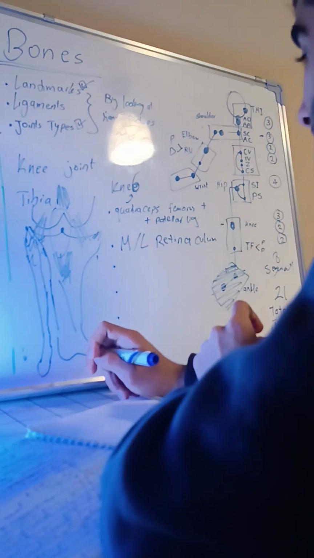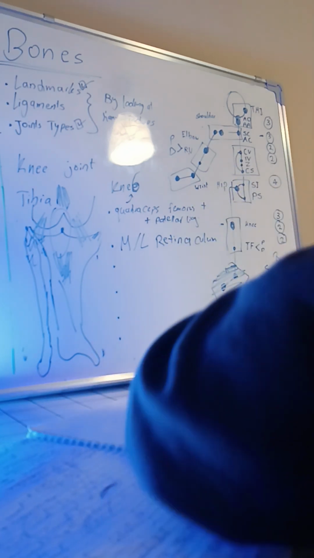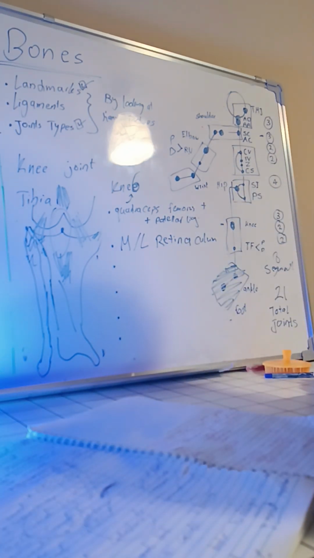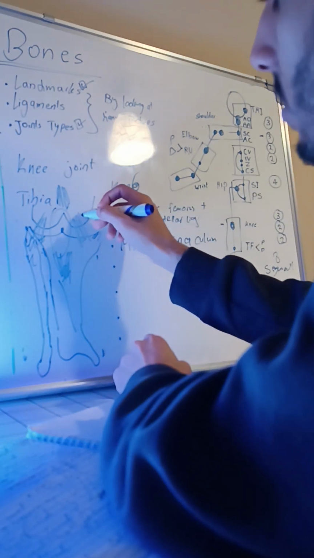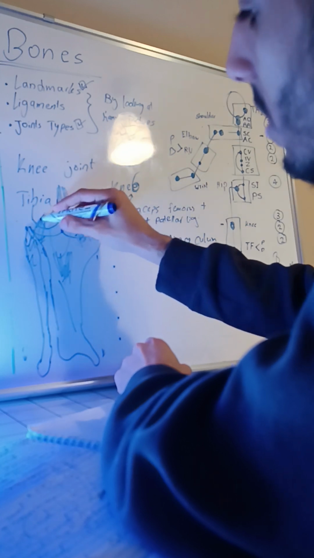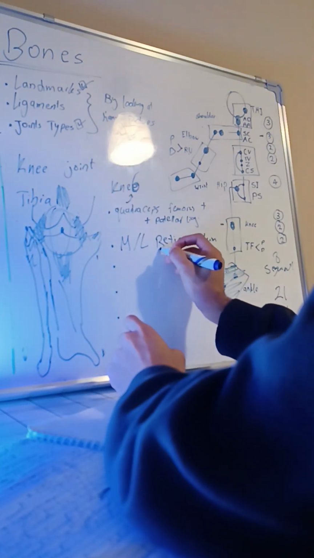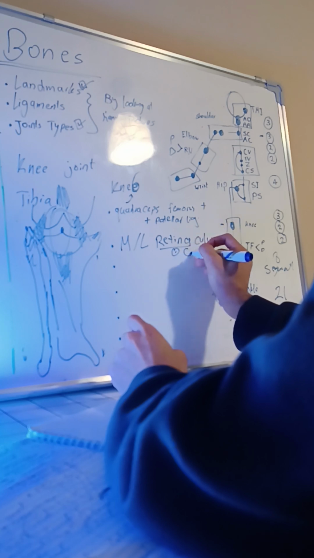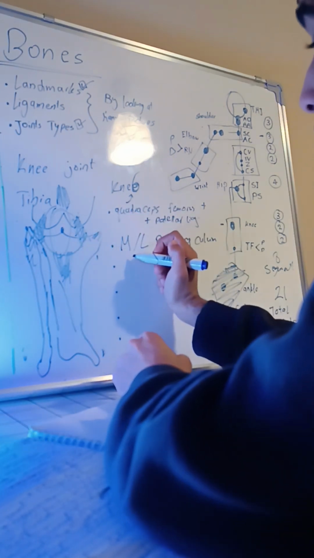How can you remember this? Retina, it's the eye, isn't it? Yeah, retina is from the eye. So just remember this as an eye. So retina from the eye, retinaculum.